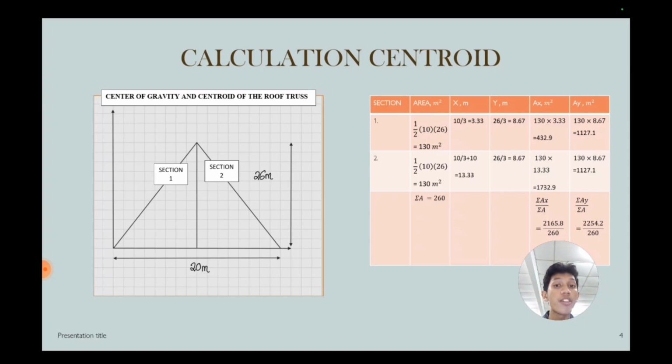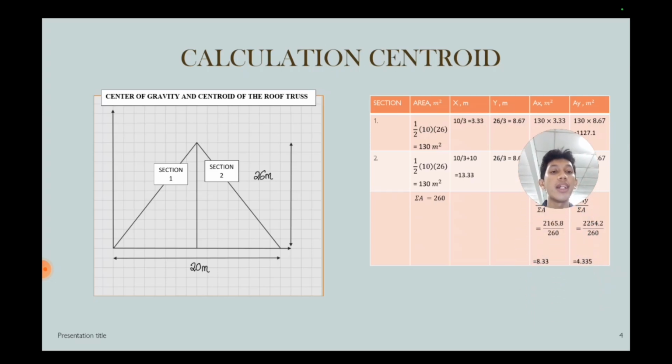Then the summation of section 1 and section 2 is 260. So the Ax value is 130 times 3.33, we get 432.9. 130 times 13.33 for section 2 is 1732.9, and Ax value divided by area is 8.33.